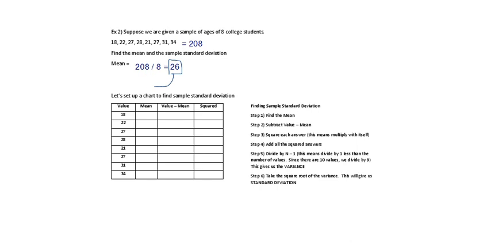Now what I like to do is set up our chart. And in the chart that has mean, I like to put 26 in every single box. So let me do that. So do 26 here, and another 26 here, and another 26. And another 26.